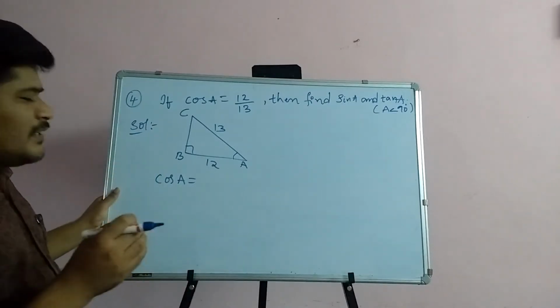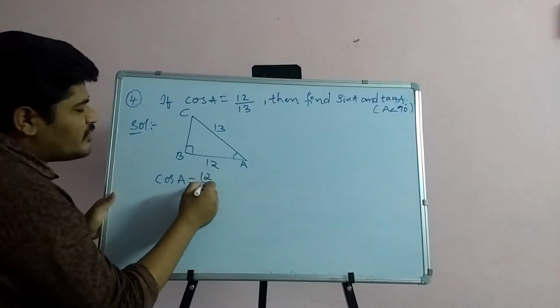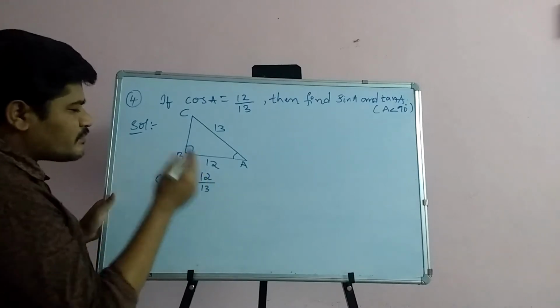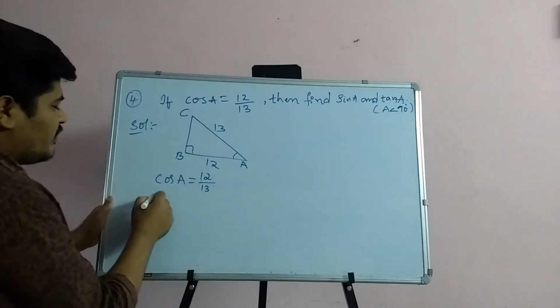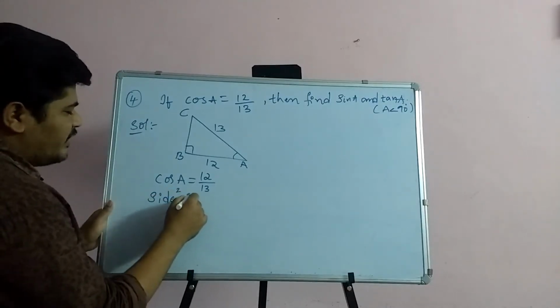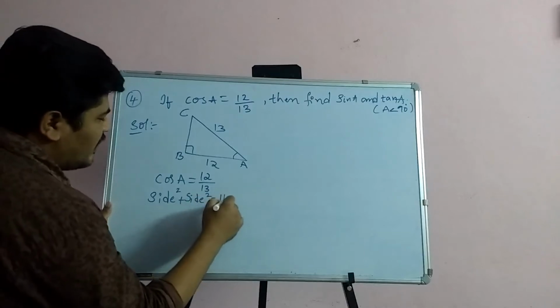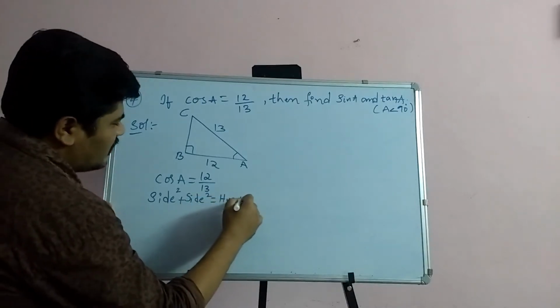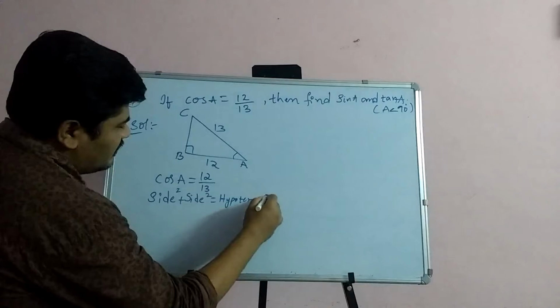Okay, so children, what is the Pythagoras theorem? Side square plus side square is equal to hypotenuse square. So here I am writing side square plus side square is equal to hypotenuse square. So this is called the Pythagoras theorem.